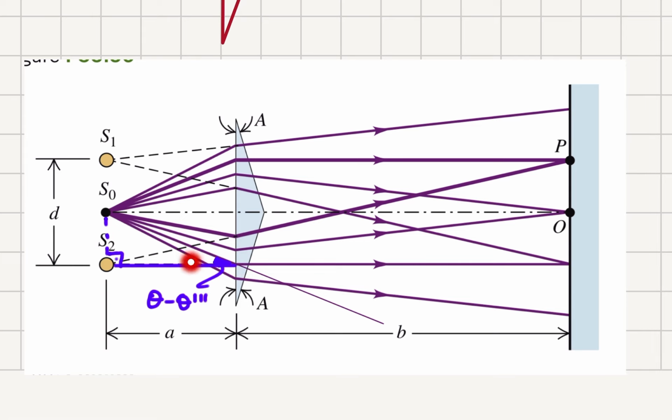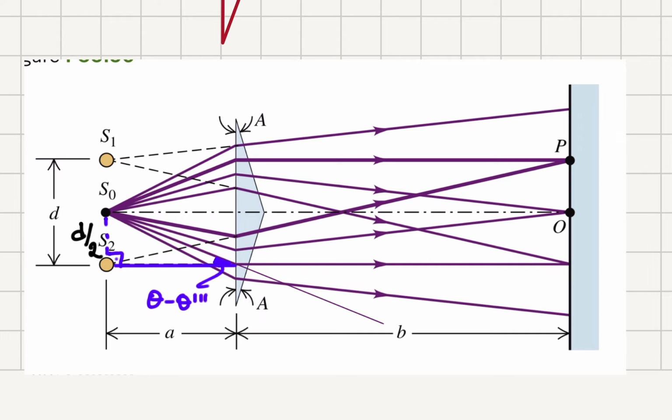So I obtain a right triangle here, where one of the angles is theta minus theta triple prime, and this side is d over 2, because I have a symmetric situation here. The distance between virtual sources S1 and S2 is d, but the real source S0 and S1, or S0 and S2, is d over 2. So this part is d over 2.